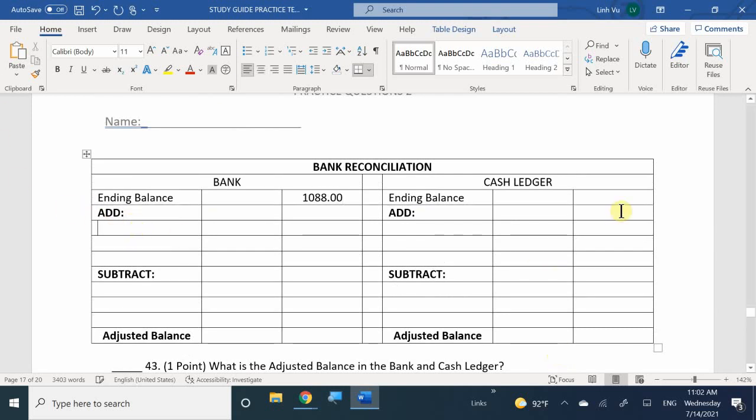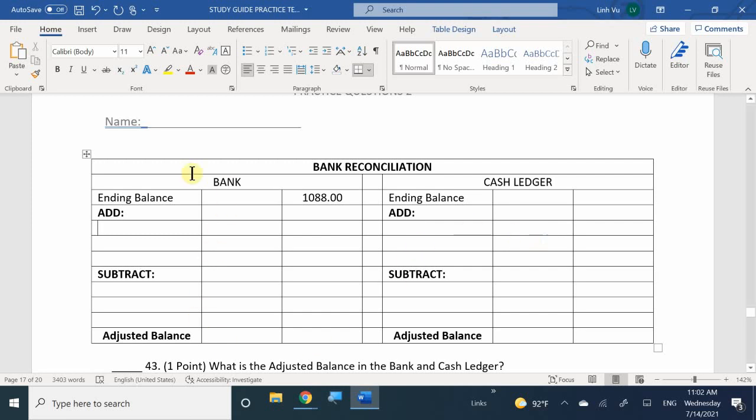On my bank side, what do I need to add? What does the bank not know that I know? That you may have checks still out.